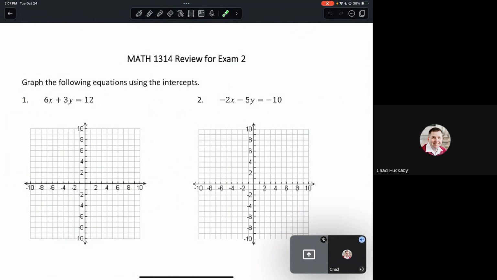Let me pull up that date so I can see it. Okay, exam 2 will be due on the 27th.